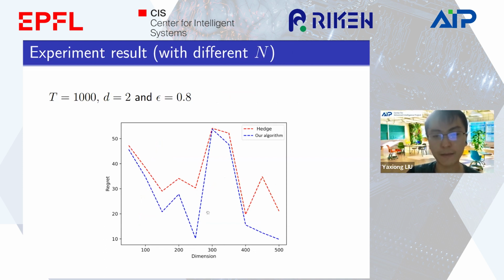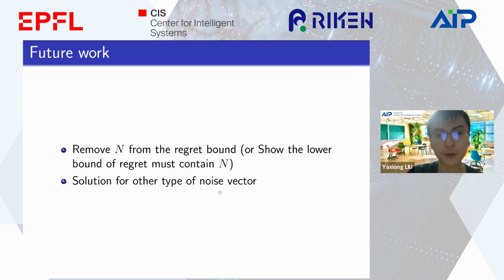With different n, which means different numbers of experts, our algorithm also performs better than the Hedge algorithm, for instance with epsilon 0.8.